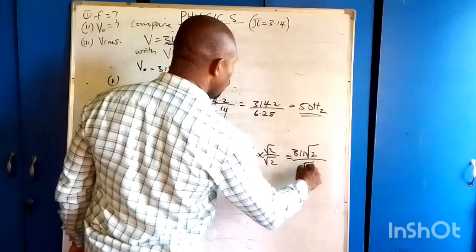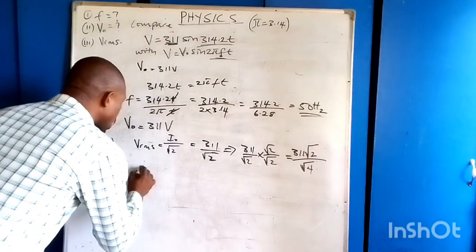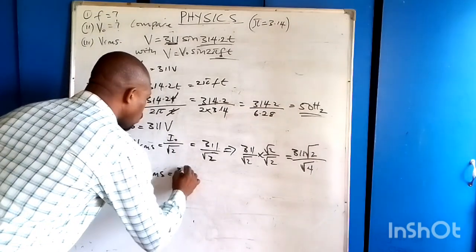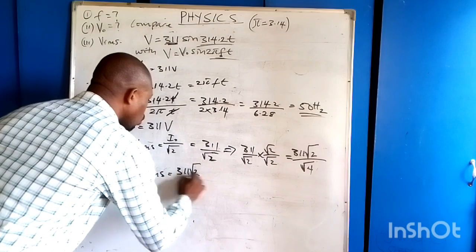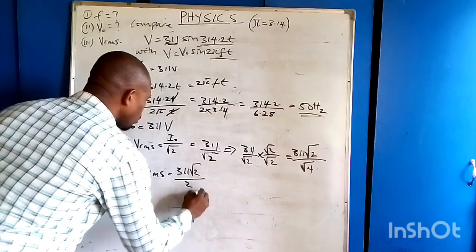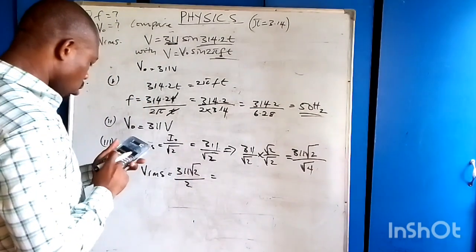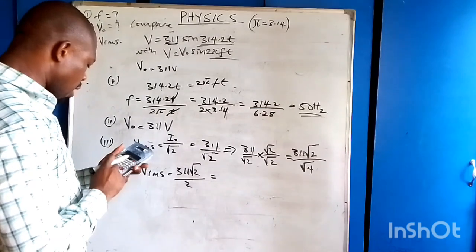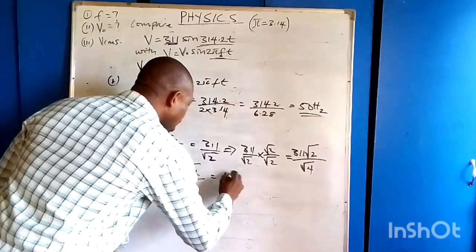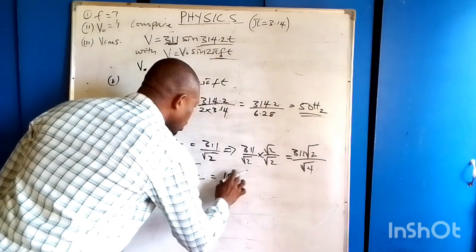Root 4 has a value of 2, so our V RMS is equal to 311 root 2 all over 2. And of course, 311 divided by 2 will give us 155.5 or 156. Let's read it.